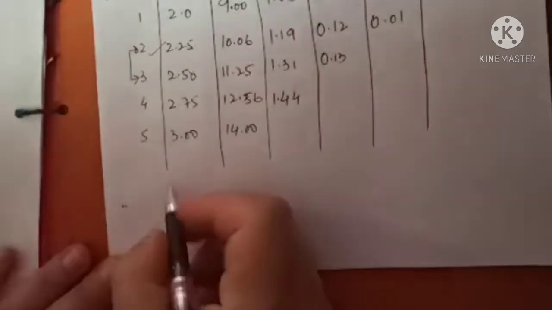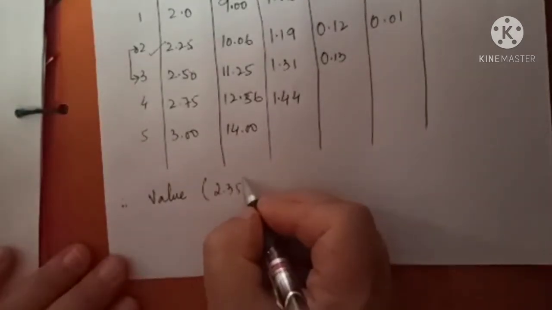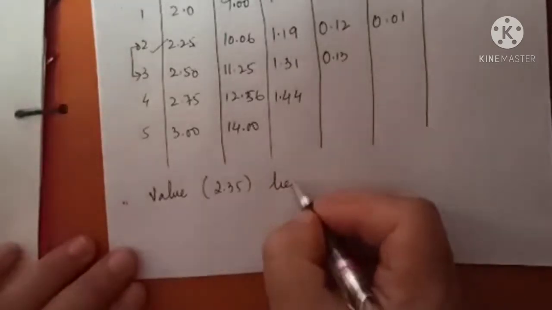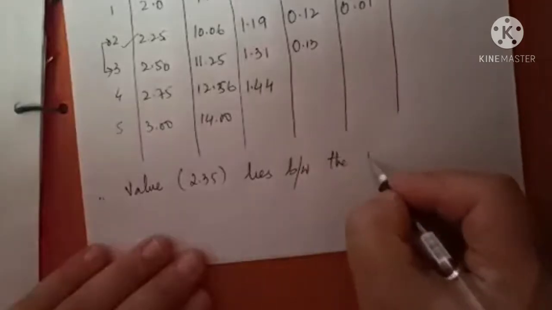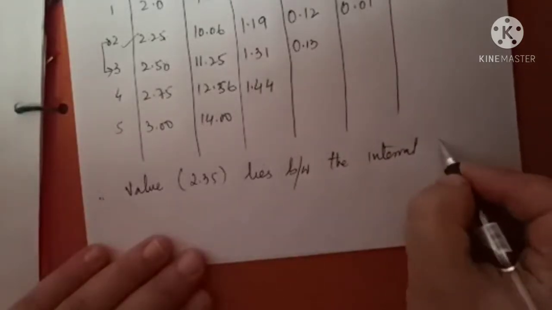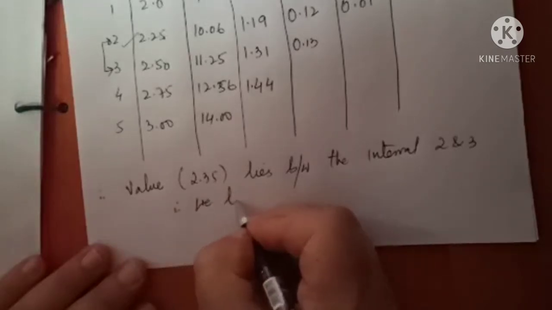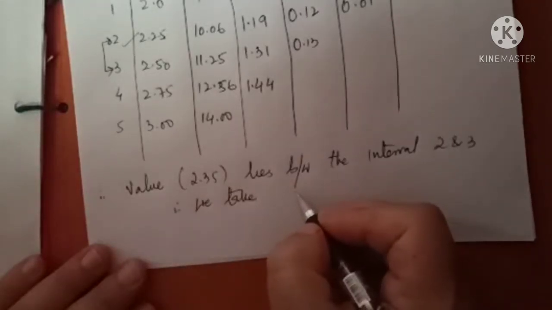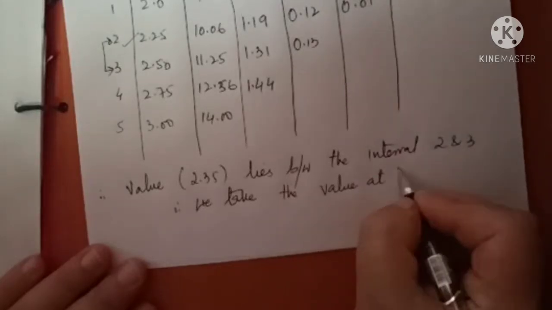So therefore I would write it like this: value 2.35 lies between the interval 2 and 3. Therefore we take the value at 2.